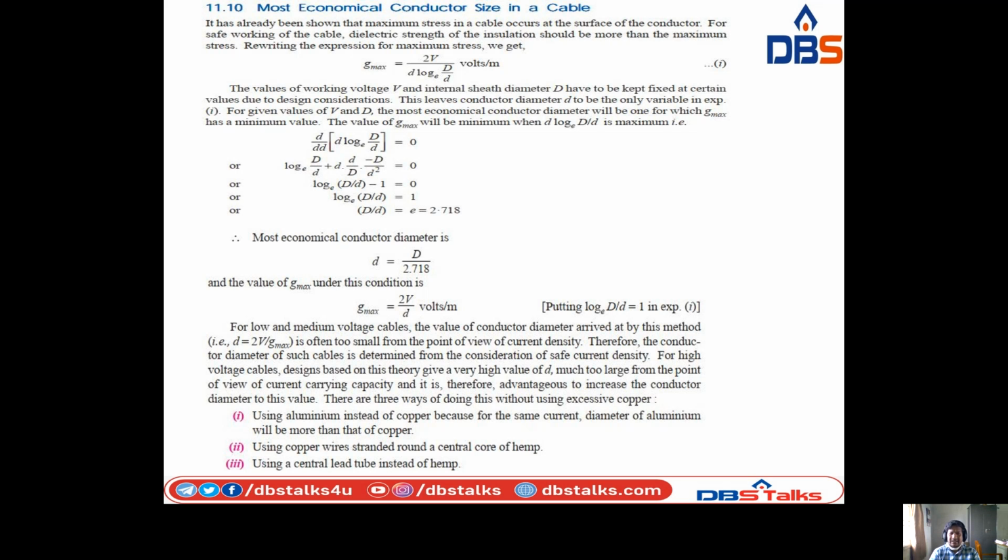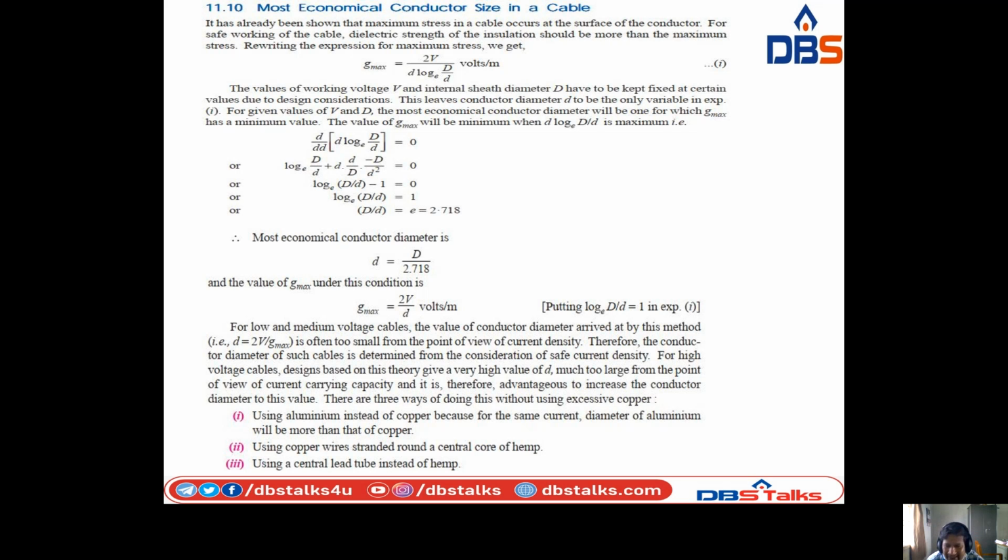So that is the condition: capital D by small d is equal to 2.718, which is the most important bit for competitive examinations. The most economical conductor diameter small d, because conductor diameter is small d, right? Most economical conductor diameter small d is equal to capital D by 2.718. Now substitute this d value in the above equation.